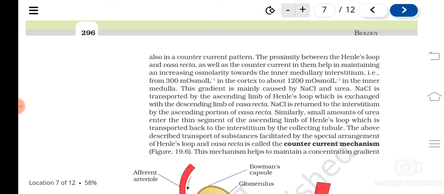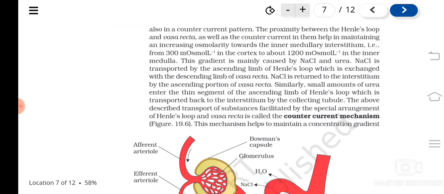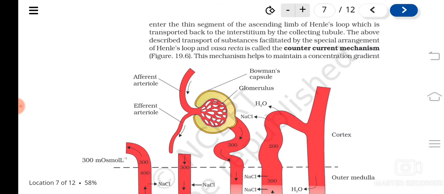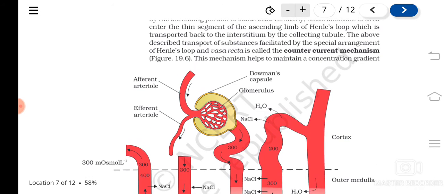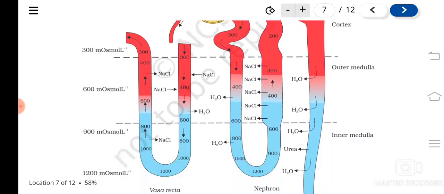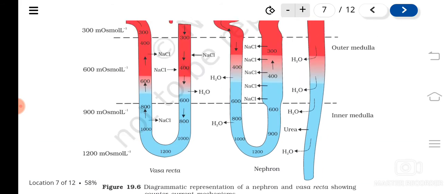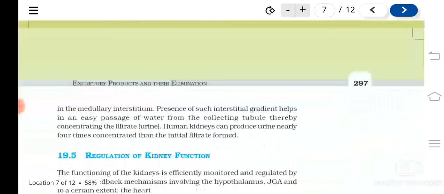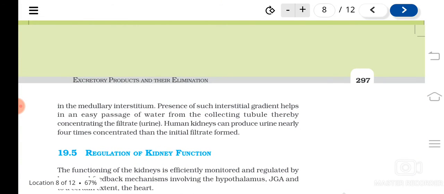So the above described transport of substances is facilitated by the special arrangement of the vasa recta and the Henle's loop. This is known as the countercurrent mechanism, and this helps in maintaining the concentration gradient, meaning difference, in the medullary interstitium.